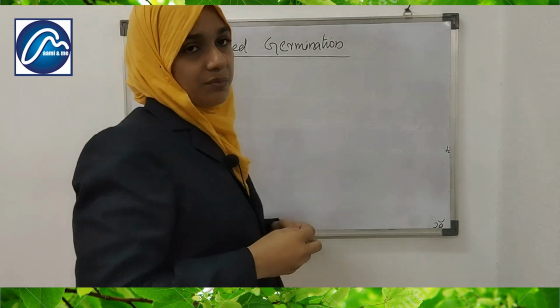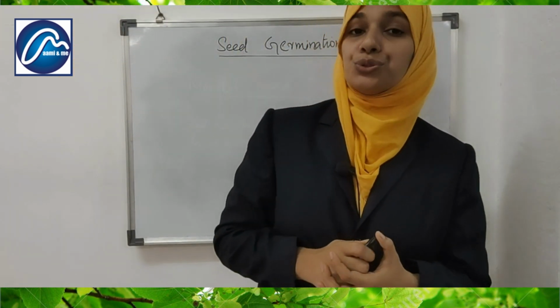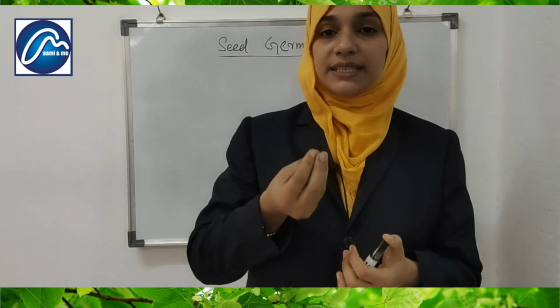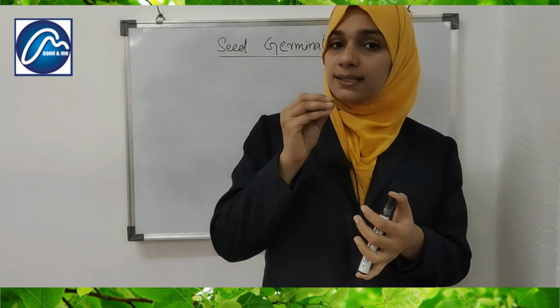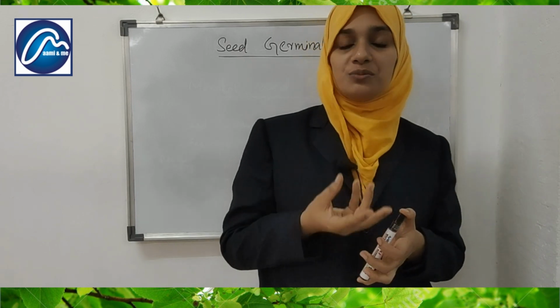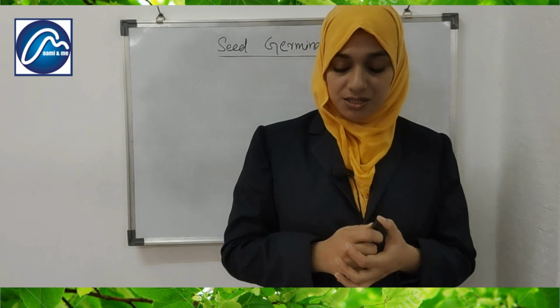Seed germination means the development of a seed to seedlings. Seedlings means small plants that are inside the seed. Seed germination is the process of the seed forming a new plant as a seedling.